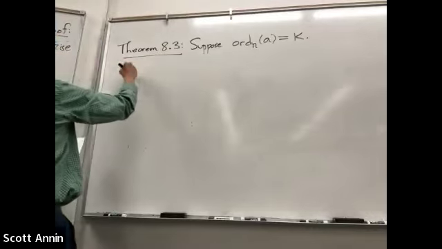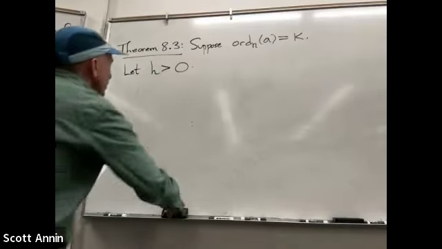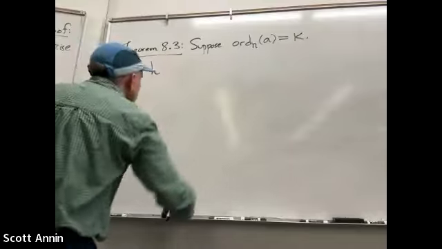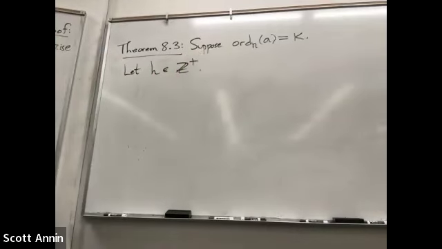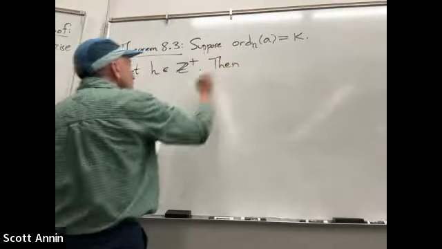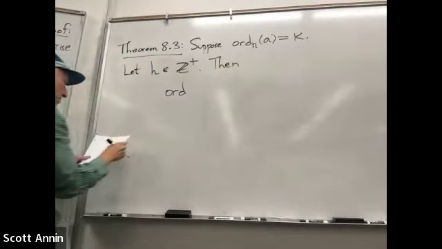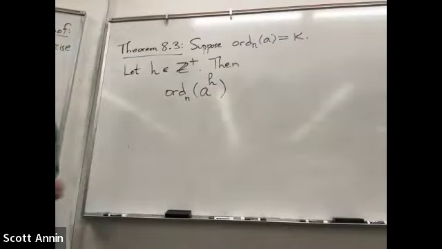Then let H be some number greater than 0. So let's just let h be in the positive integers. Then the order in mod n of a to the h. This is what I want to talk about. What is the order of that?